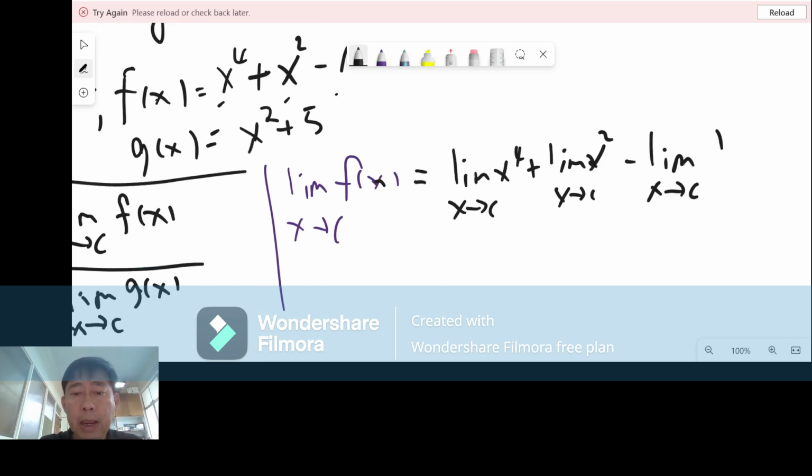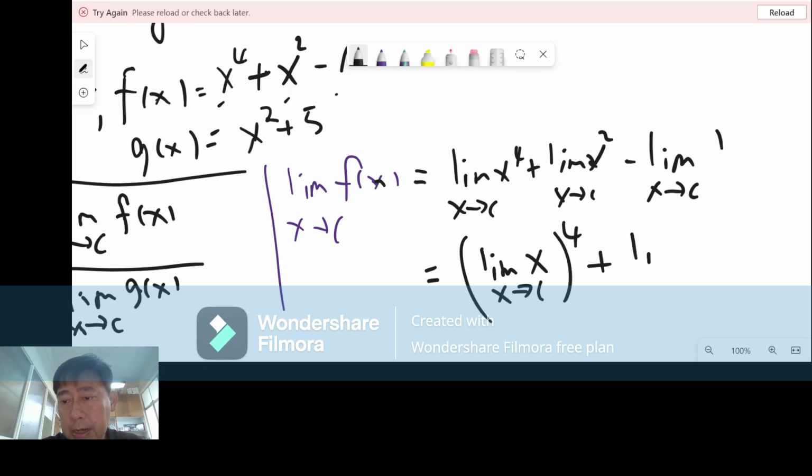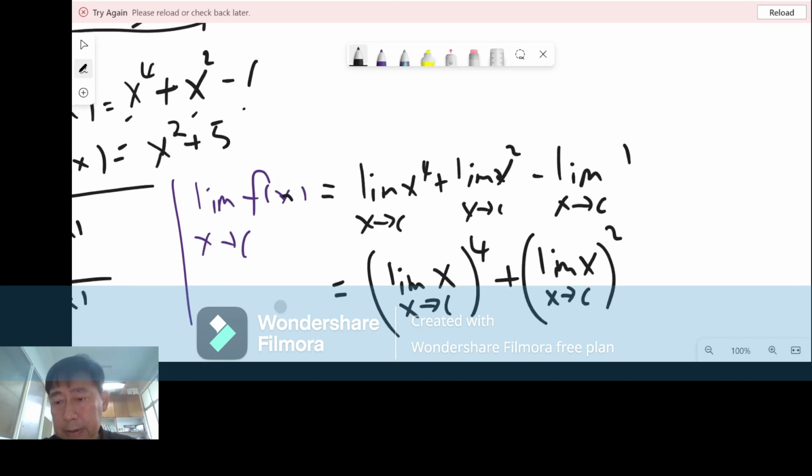Okay, so then I continue to write down, this is equal to the limit of x when x tends towards c, raised to power 4. And here is again the limit of x as x goes to c, whole thing squared, minus, okay, minus what? Minus the limit of a constant. Okay, the limit of a constant is just equal to the constant itself.